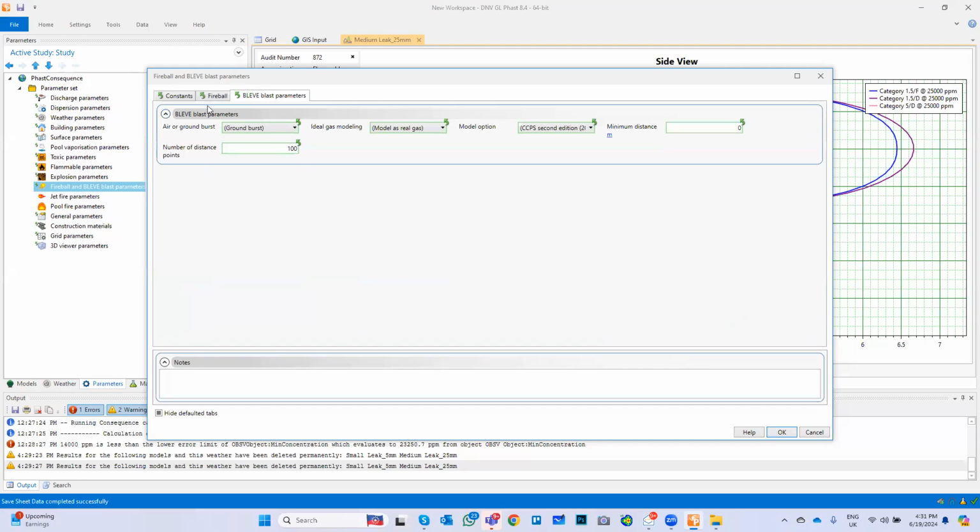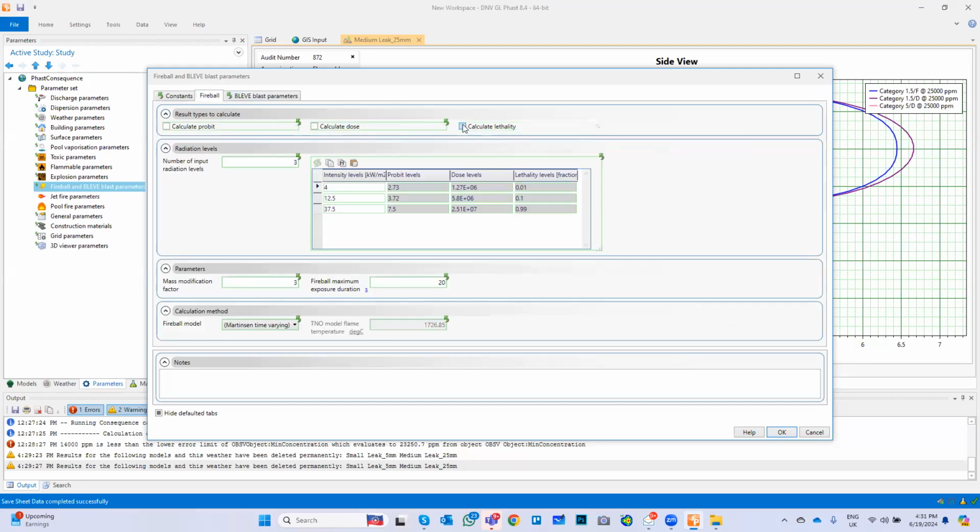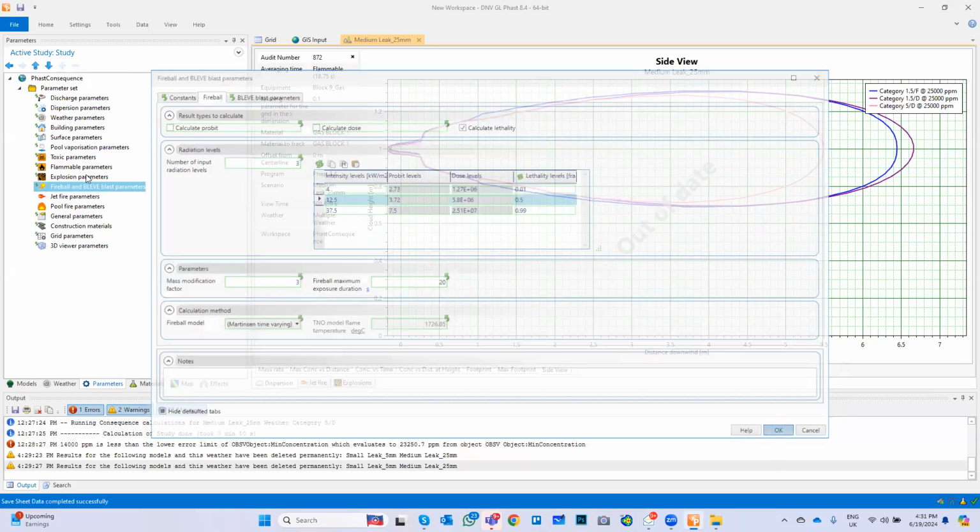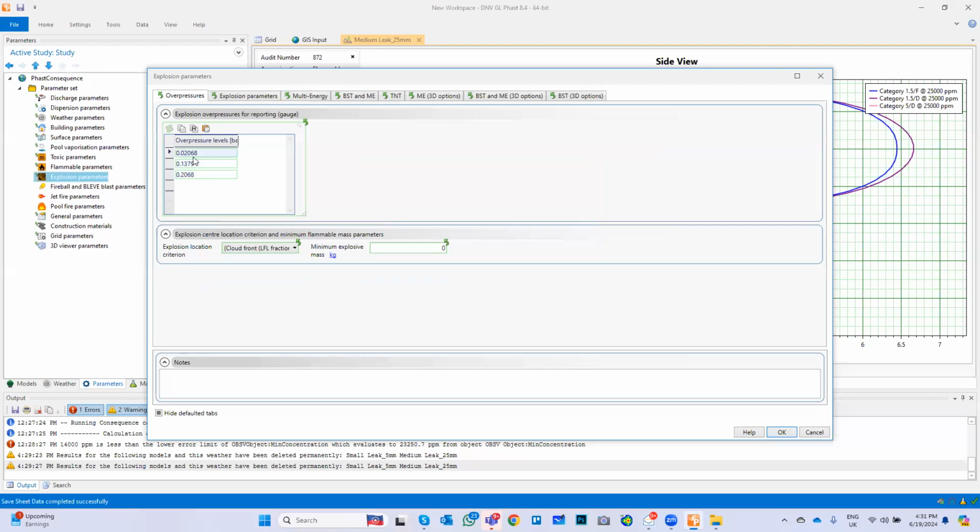Fireball, same. Explosion, it depends on the impact on the human and impact on the building. You will define this. Very important, if you have a source of ignition, whenever you have an unignited release, hydrocarbon dispersion, once the hydrocarbon dispersion passes through a source of ignition, it will make an explosion.